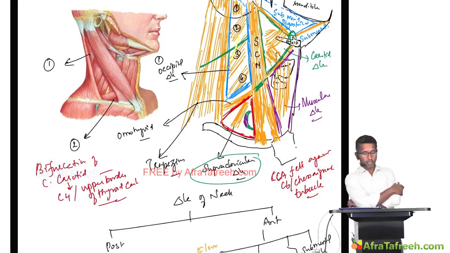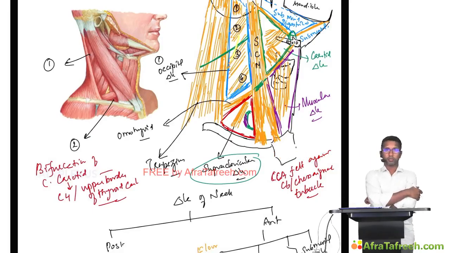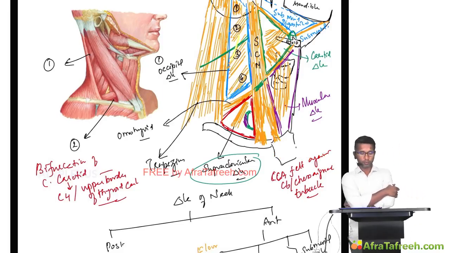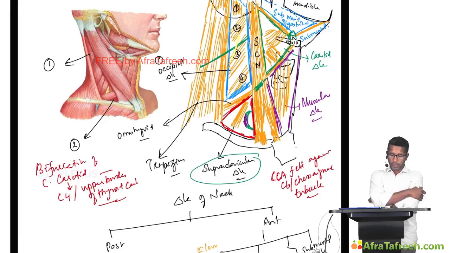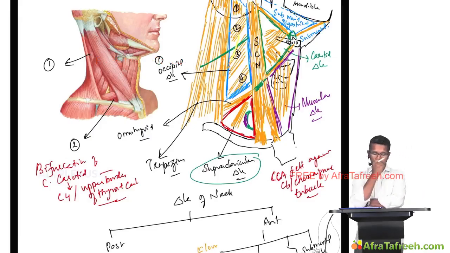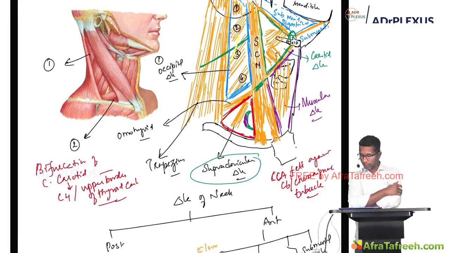When it is cut, trapezius won't work and sternocleidomastoid won't work. You will have difficulty in shrugging the shoulder. So these are the important things related to the triangles of the neck.